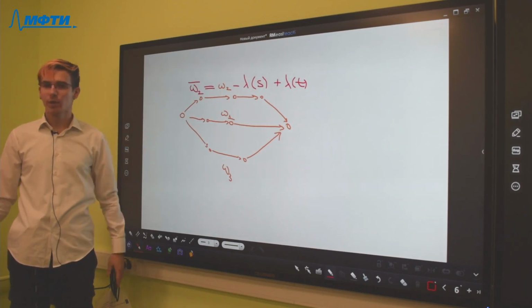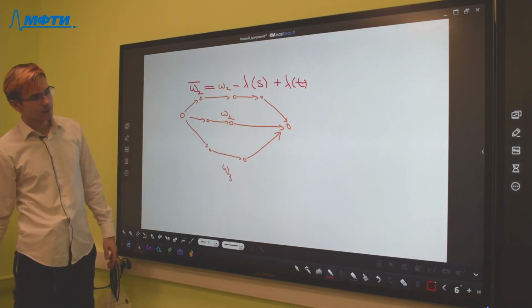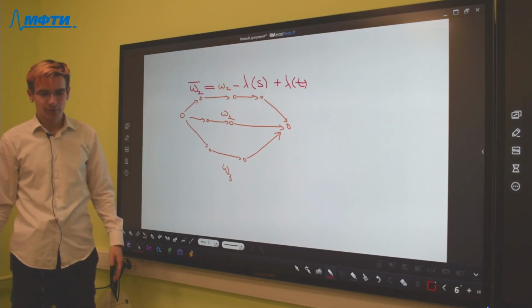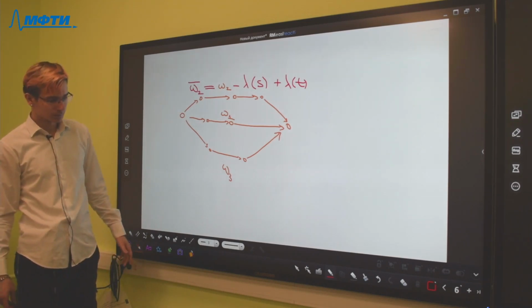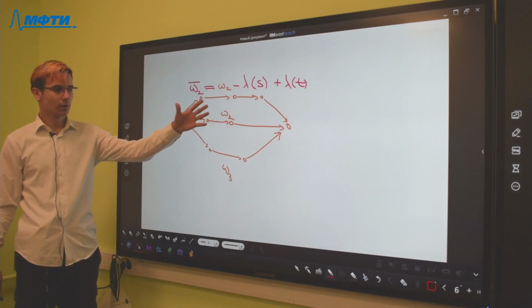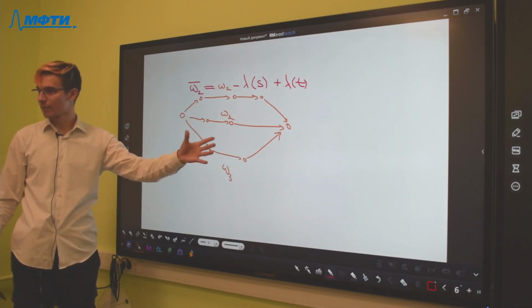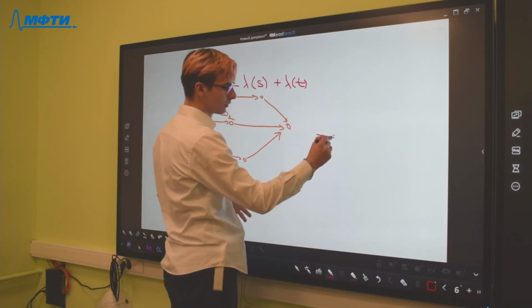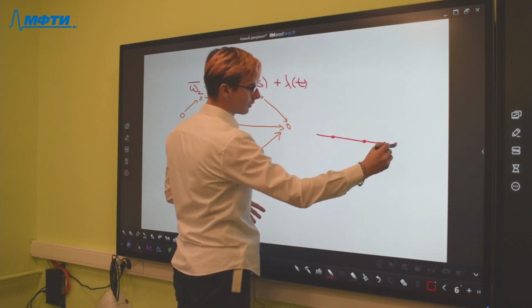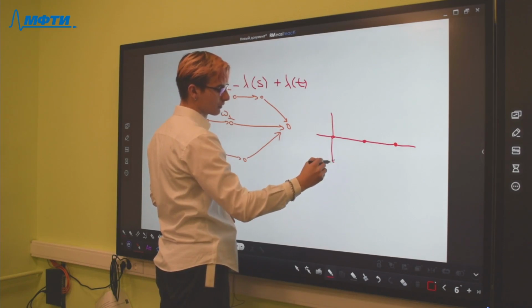Or, for example, we know that our graph is a two-dimensional lattice.